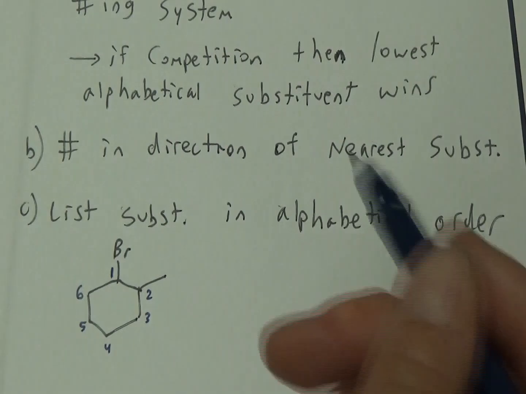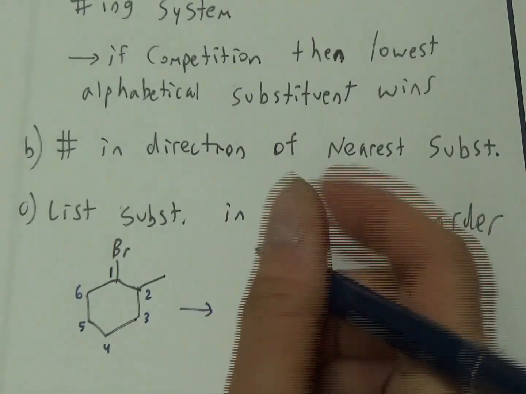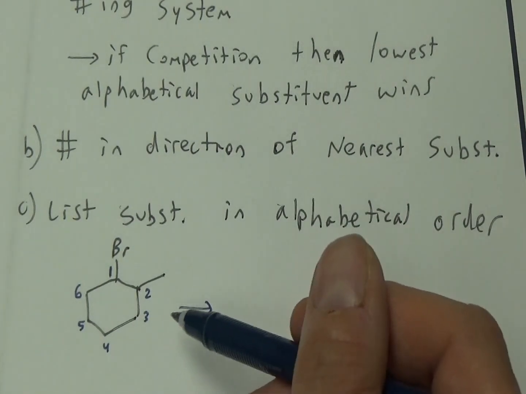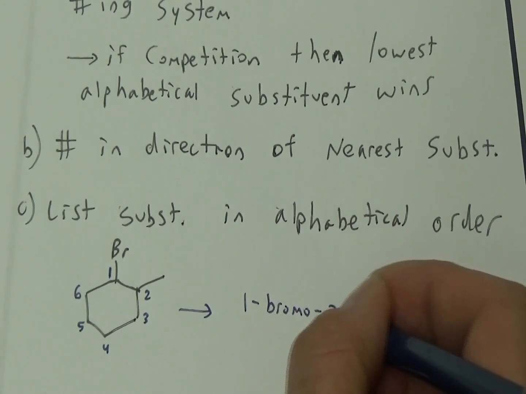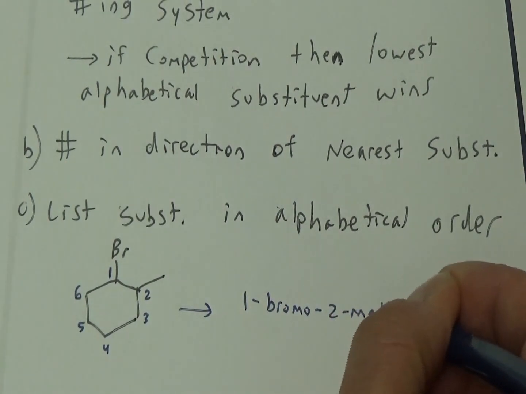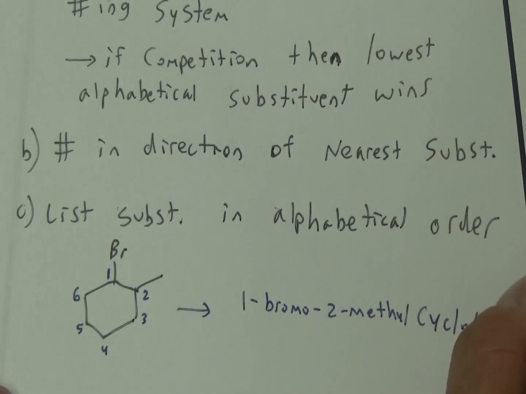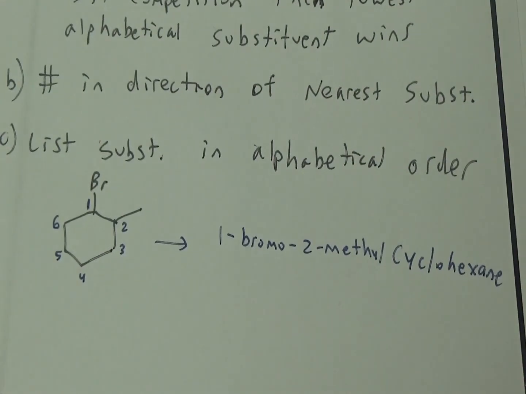So we defined our numbering that way, and so the naming then becomes something cyclohexane, right? It's going to be 1-bromo, 2-methyl cyclohexane.